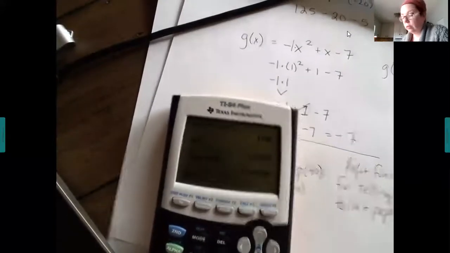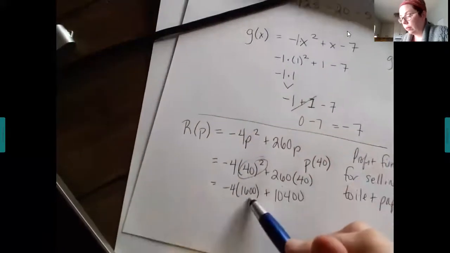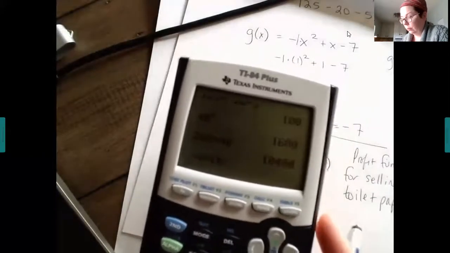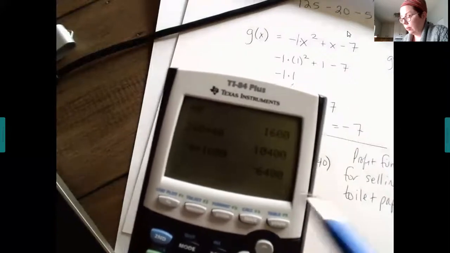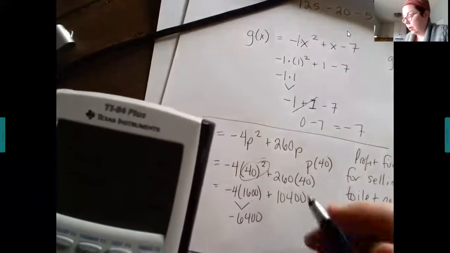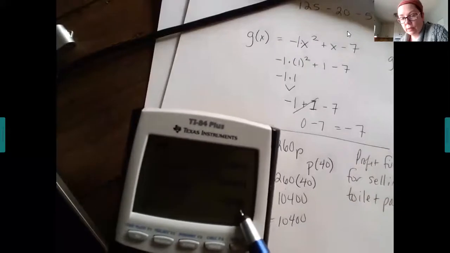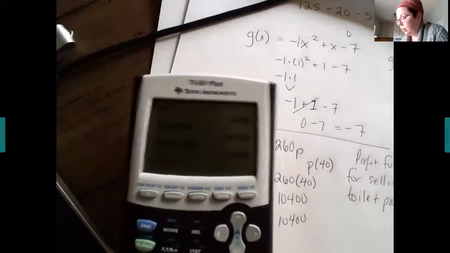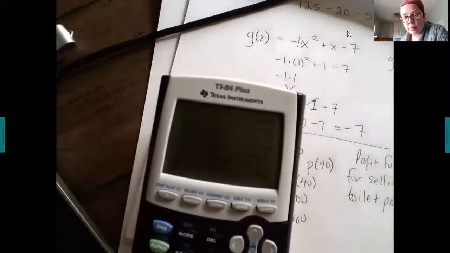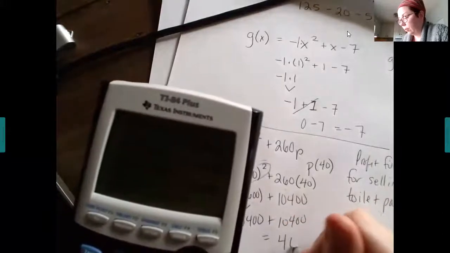Big number, 10,400. Okay. Now we have to multiply this together. Get negative 6,400. And then we add in that. Okay. So we're at negative 6,400. We're going to hit plus 10,400. And then we get a final answer of 4,000.